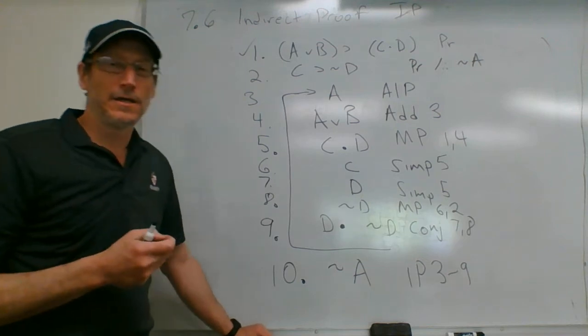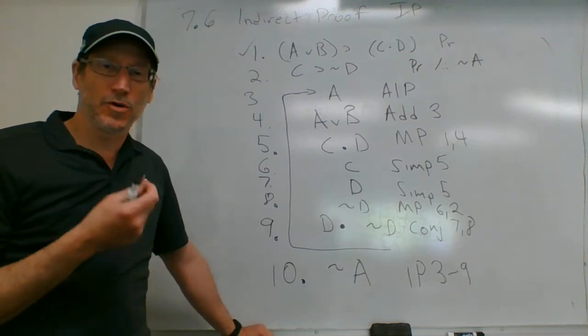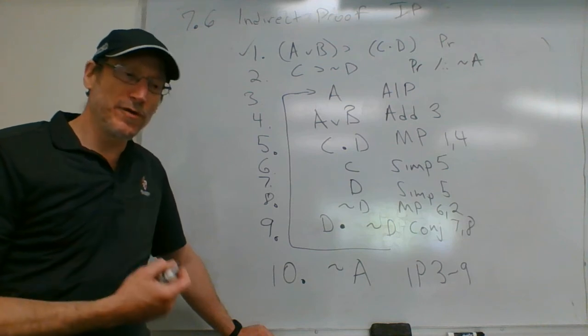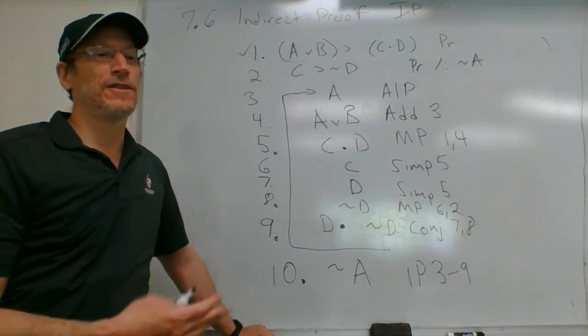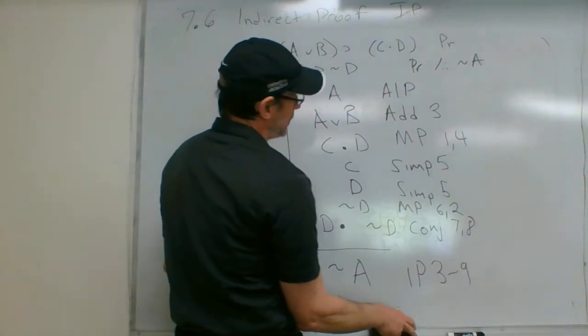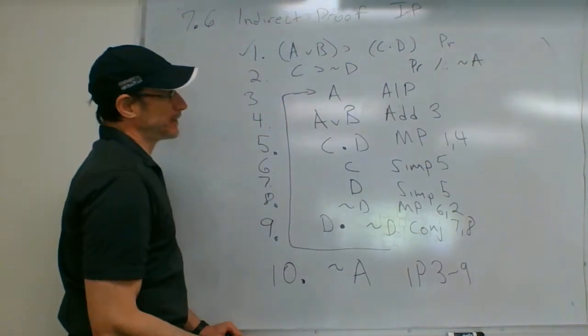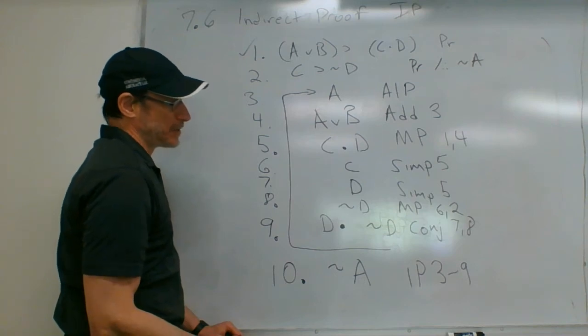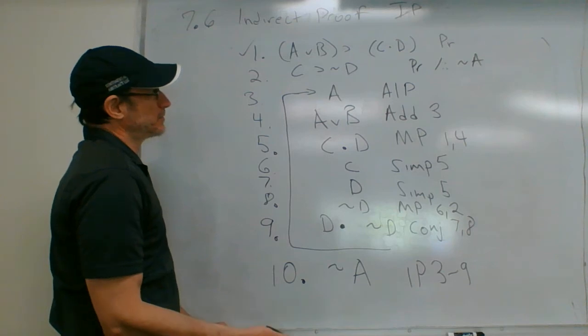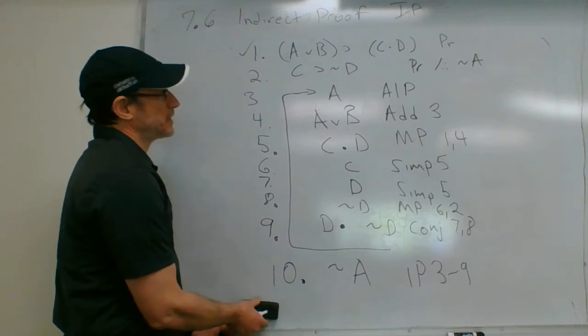And again, I keep harping on this. The word proof is a little misleading. It's really a rule that you're using at any time in the middle of a proof. I would prefer to get a different name, maybe reduction to absurdity as a rule. But anyway, it really doesn't matter what the name is as long as you keep it straight.